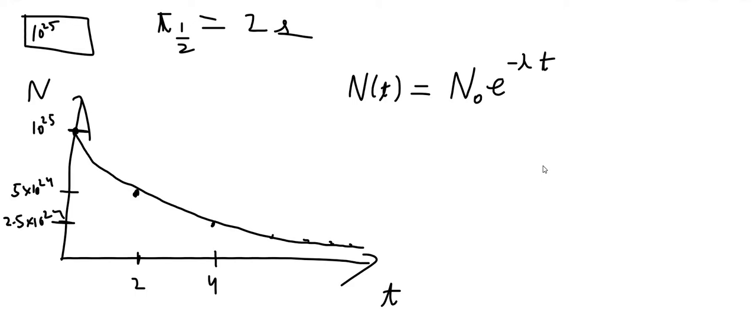So just assume that this is true for now. And so N naught is the initial amount of atoms we have. So I'll just write initial over here. Lambda is something that we call the decay constant. Now I'll tell you what the decay constant is.